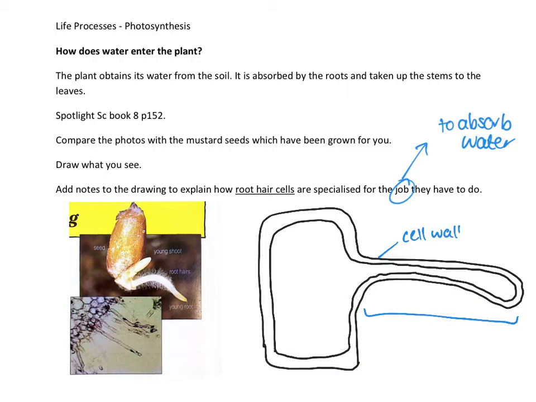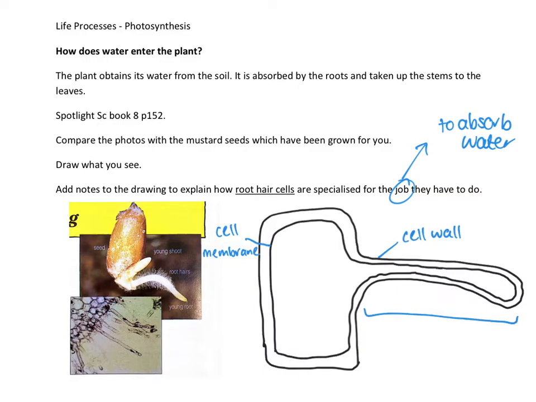That's another thing that is specialised about a root hair cell, is that the cell wall is thin to allow for maximum water absorption. You've also got your cell membrane on the inside, so label that as well with a pencil. So it's cell membrane, MEMBRANE.